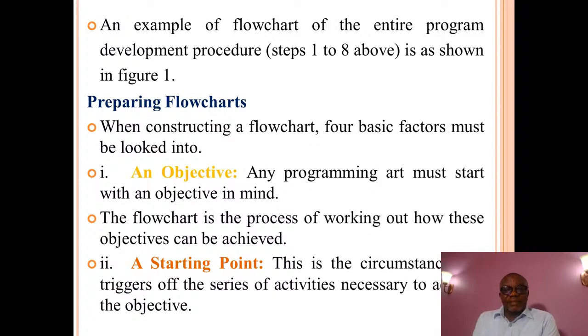The flowchart will now be the process of working out how these objectives can be achieved. Two, there must be a starting point. And this starting point is the circumstance that triggers off the activities or the series of activities necessary to achieve the objective.